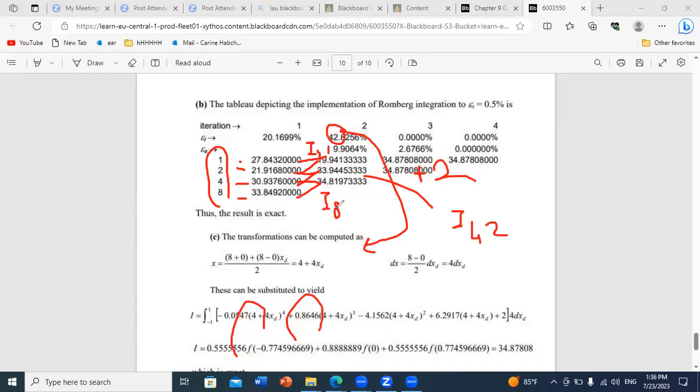Since you are combining results from the composite trapezoidal rule, the coefficients are 4 over 3 and 1 over 3, because it's the first time you are doing the Richardson extrapolation.